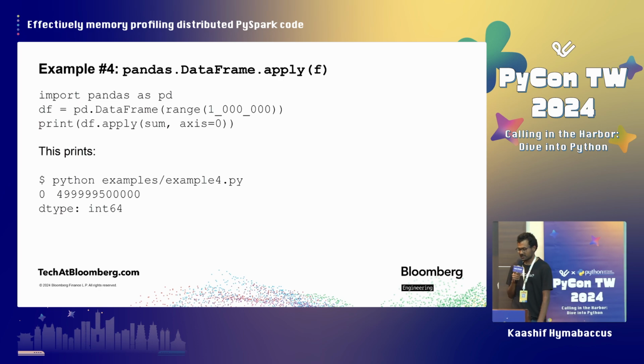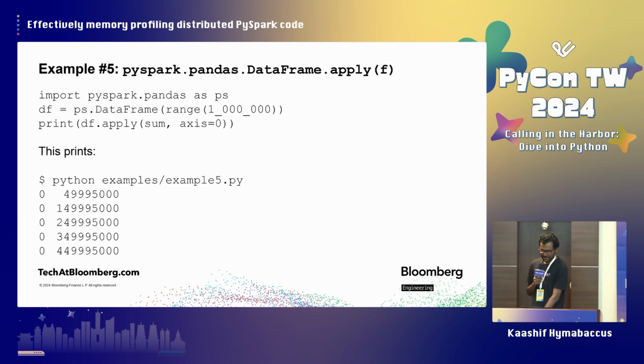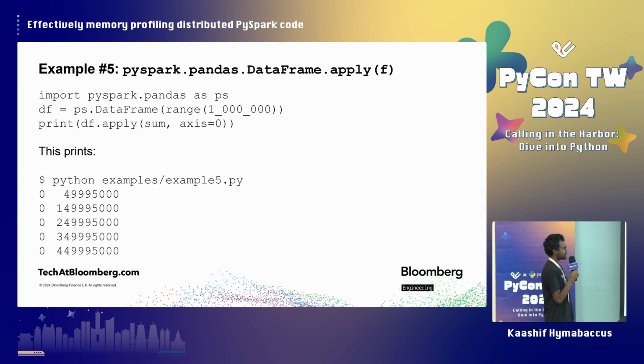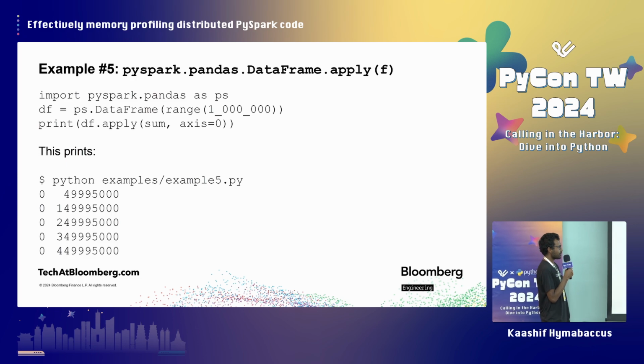And if you convert this to PySpark.pandas, you will notice that something weird happens. You get these multiple sums. Even though previously in pandas you got one sum for the whole column, now you get one sum per, and you're not sure what it's per exactly because the row batches can be any size.